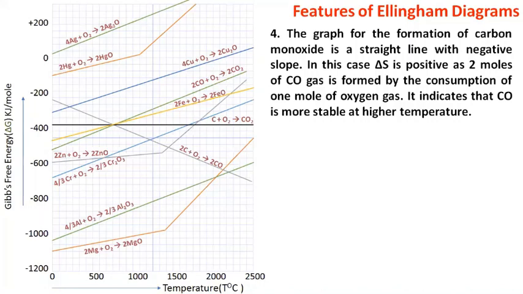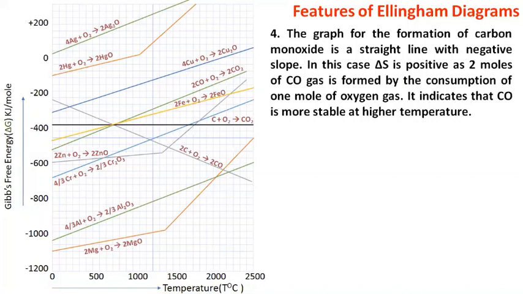That is to say that entropy is increased. As entropy is increased, the delta S value becomes positive, due to which, when we substitute the positive value of delta S in the equation delta G is equal to delta H minus T delta S, automatically you can see that delta G will be always negative.